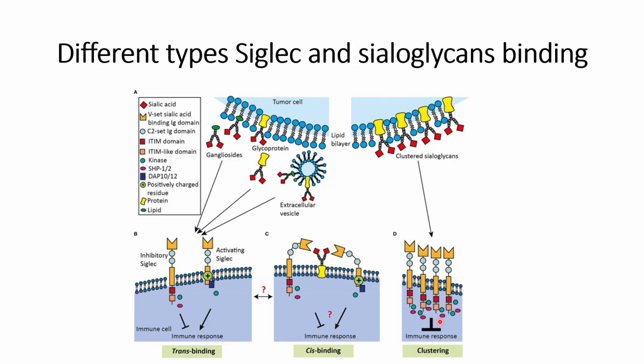This will not only prevent the phagocytosis of the tumor, but at the same time it will also prevent the activation of other immune cells, such as the activation of T cells by providing antigen information. So those things will also get suppressed.